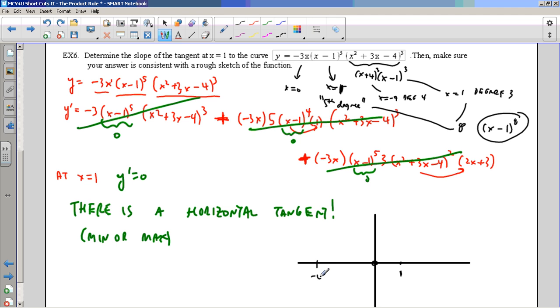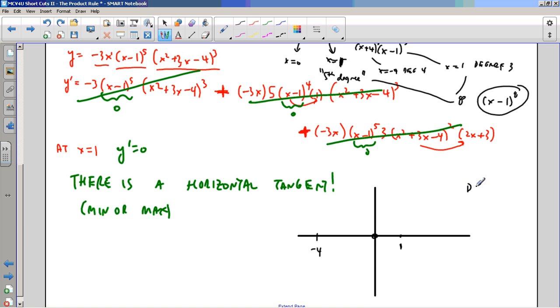So -4 is out here. I know it starts low and ends high, or starts low. And what's the degree altogether? We got 1 there, 8 there is 9, 10, 11, 12. So it's degree 12 altogether. Crazy. So it starts low and ends low. At -4, it's a slide.